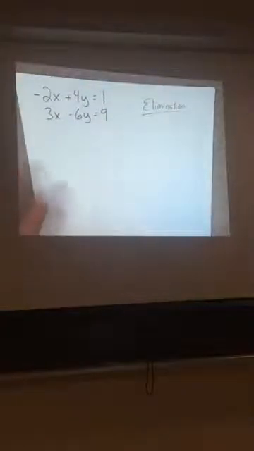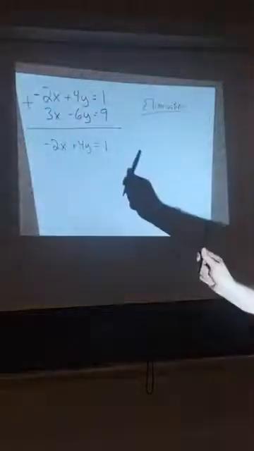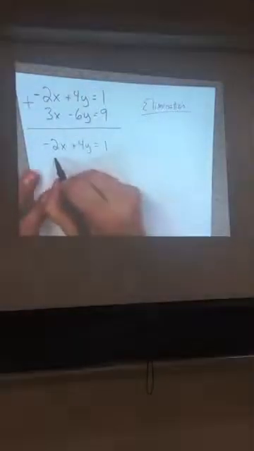So remember, in elimination, our goal is when we add the two together, adding up and down, we want one of the letters, one of the variables, to go away. And right here, nothing's going to go away. So, as we learned in the last video, we are allowed to multiply any equation by anything we want as long as we do it the whole way across.